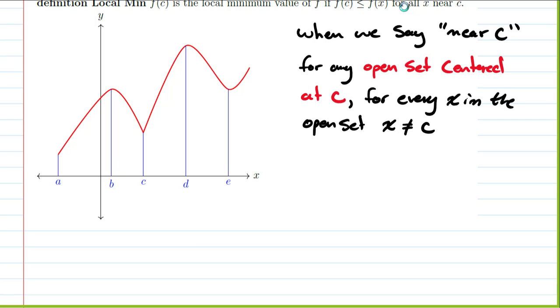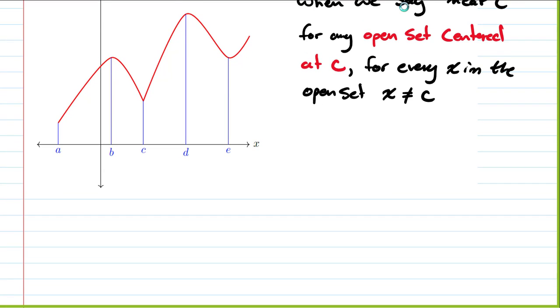Essentially, what we're saying is that if we take some small number h centered at some point, say centered at e, imagine we had e minus h and e plus h. That would be an open set around the point e for h small.